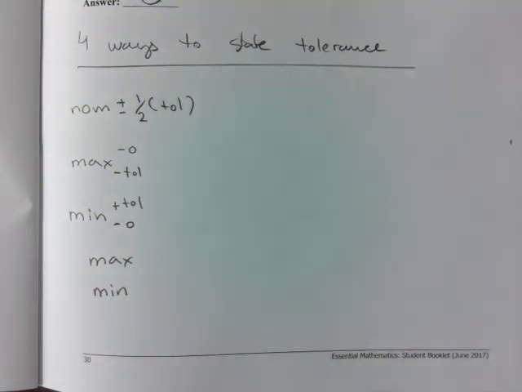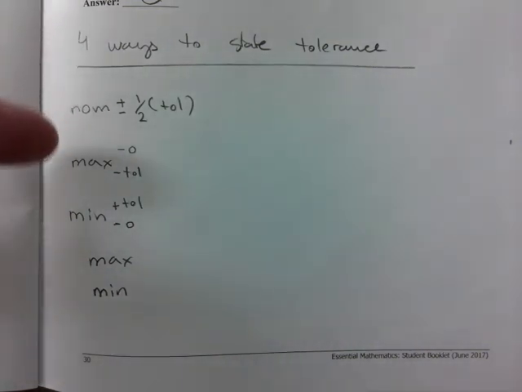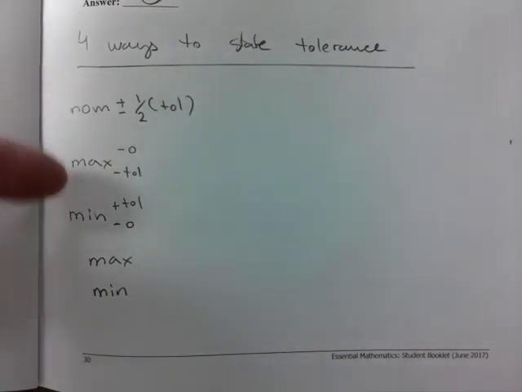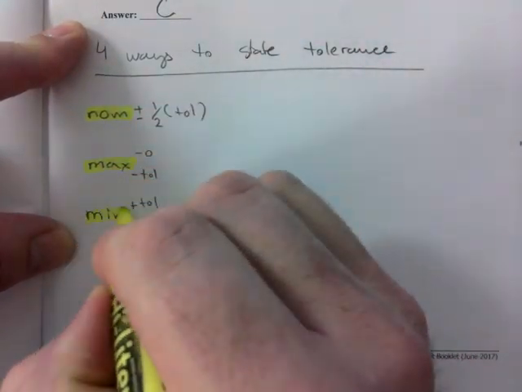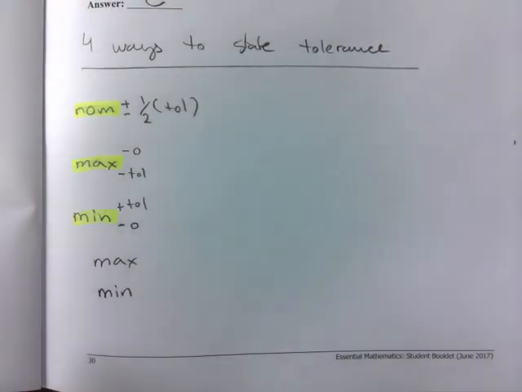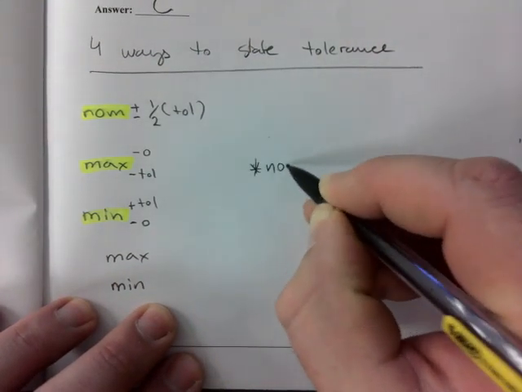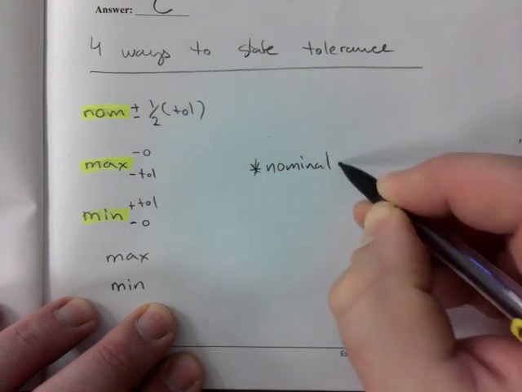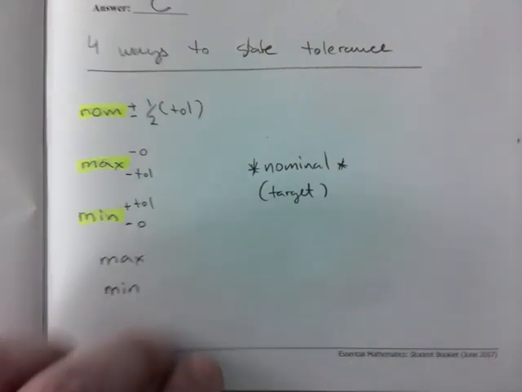Let me just add something to this one here. You see the first three ways have a number leading it. That is always the nominal as well. Nominal is the target, right?